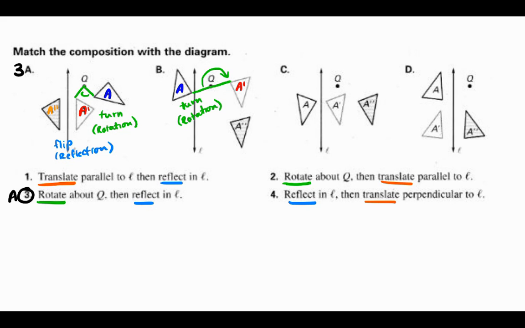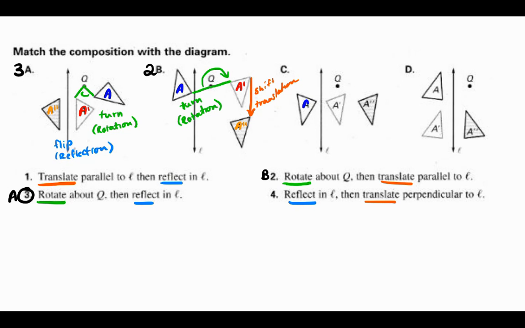Then from here to A double prime, the object has just been moved straight down. This is a shift, which is our translation. So the one that has a rotation followed by a translation is answer choice 2: a rotation about Q and then translating parallel to line L.